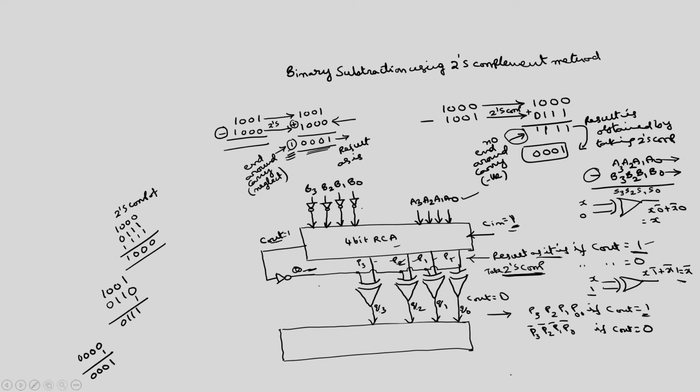This Q3, Q2, Q1, Q0 can be either P3, P2, P1, P0 or the complement of that, depending upon C out. Now, I have to use another 4-bit ripple carry adder. This is just to add 1 or to add 0. If I call this the C in of the first adder, this one I call C in dash.